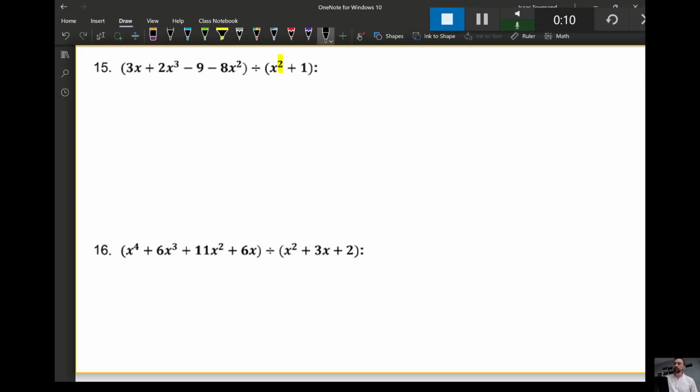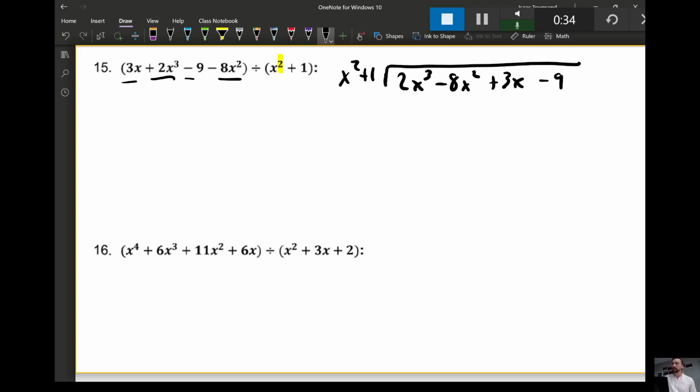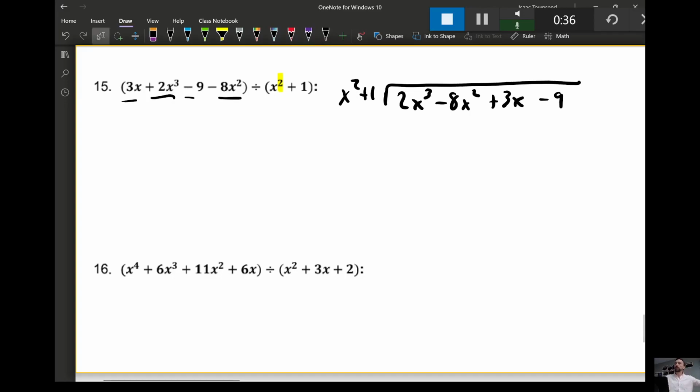You're going to have to use long division. The next thing is, as I start to write this, I see that this is not in standard form, which bothers me, so I'm going to rearrange it. Put the x cubes first, then the x squareds, then the x's, then the constant, just to make it look a little more familiar.